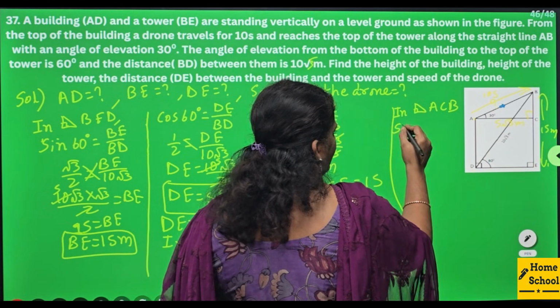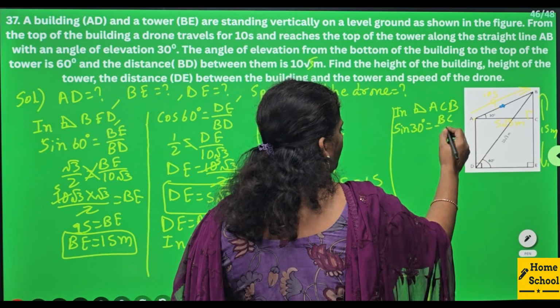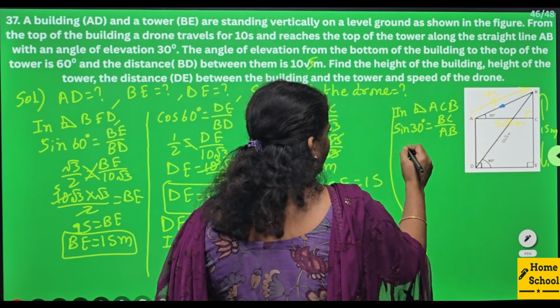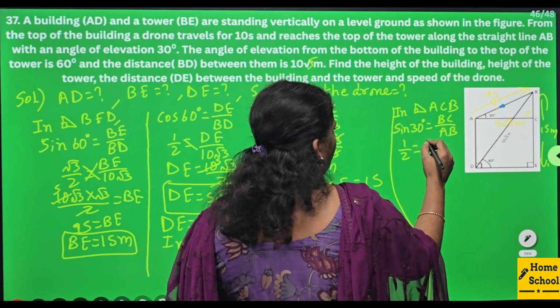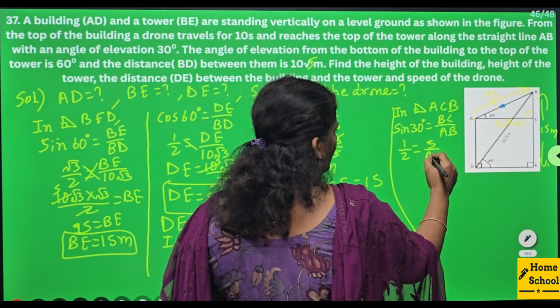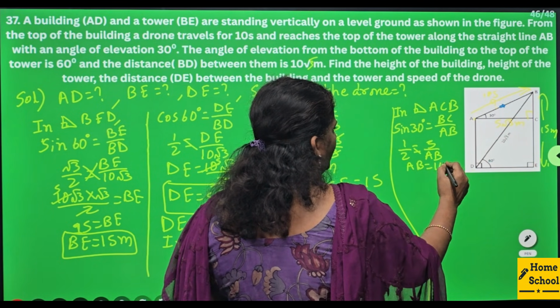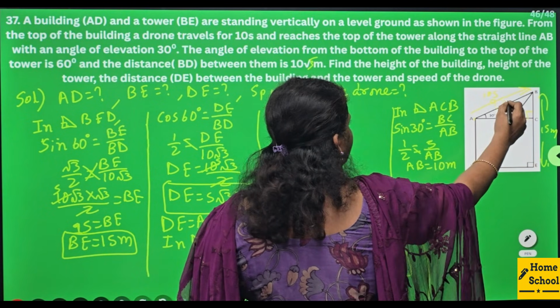I will take sine 30 is equal to opposite by hypotenuse. Sine 30 value is 1 by 2. BC, what is the BC value? 5. 5 by AB. Therefore, AB is equal to 10 meters. We got the distance.